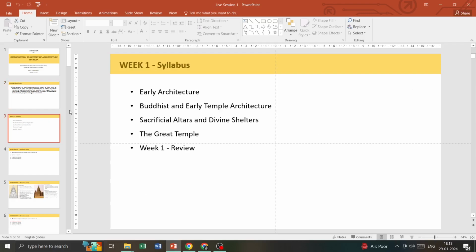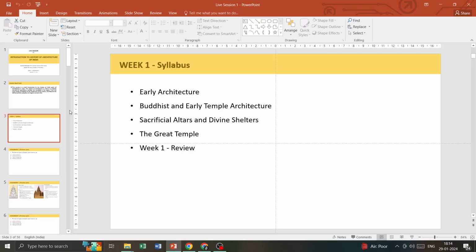Syllabus for week 1 was early architecture, which included parts from the Indus Valley civilization and the really very start of rock cut cave architecture in India, very early examples. Then Buddhist and early temple architecture, where we see the different Buddhist architecture that prevailed during the Mauryan Empire, and then how early temple architecture derived from those small things.